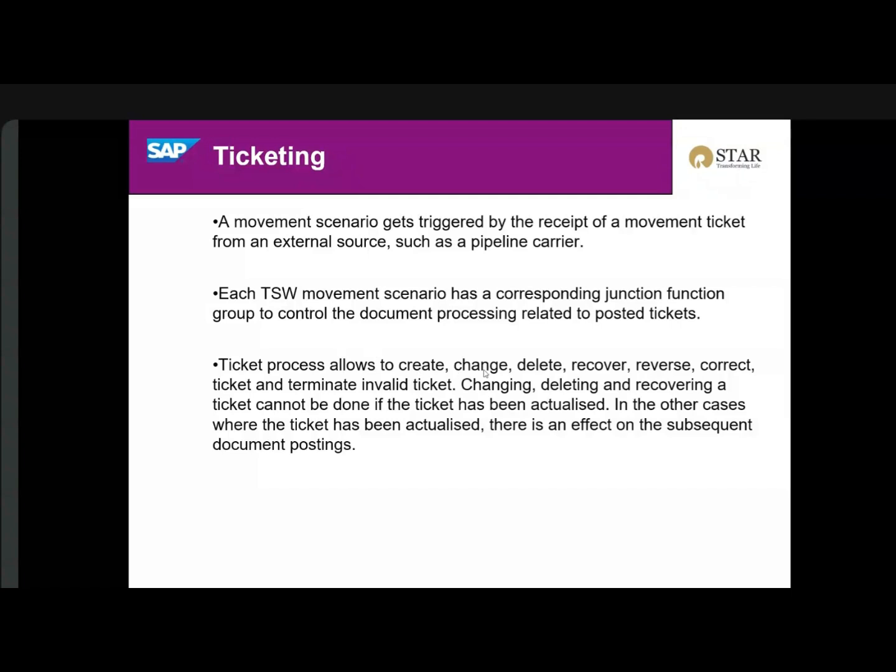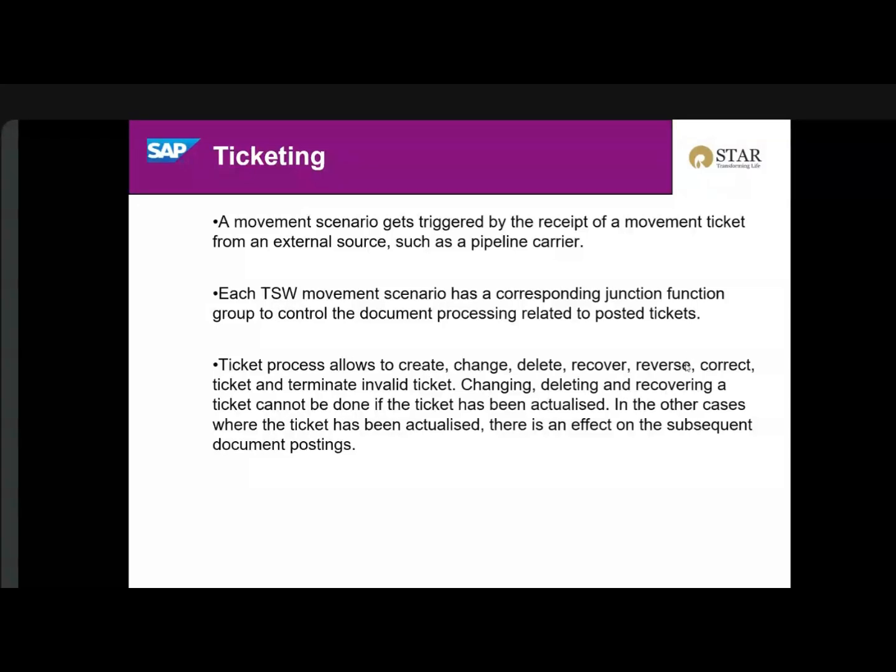Ticketing process allows you to create, change, delete, recover, reverse, correct a ticket and terminate an invalid ticket. These are all the different functionalities. You can create a ticket, and after creating you can change it also. If you want to delete, that is also possible. Recover means initially we cancelled it, but we want to recover it further.